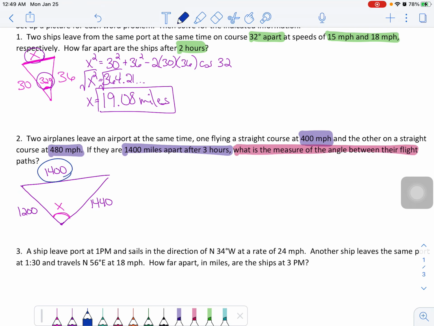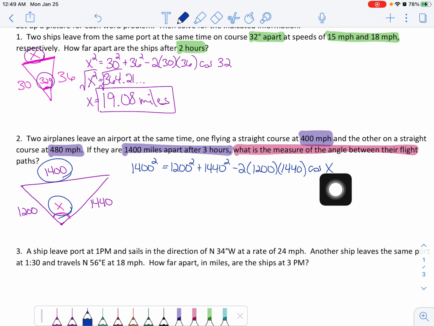So how am I going to set this up? Well, here's my side opposite my angle. So I'm going to start with 1,400 squared. Set that equal to 1,200 squared plus 1,440 squared minus 2 times 1,200 times 1,440, and then cosine of x.